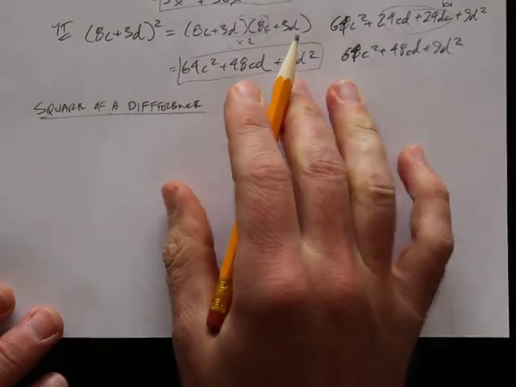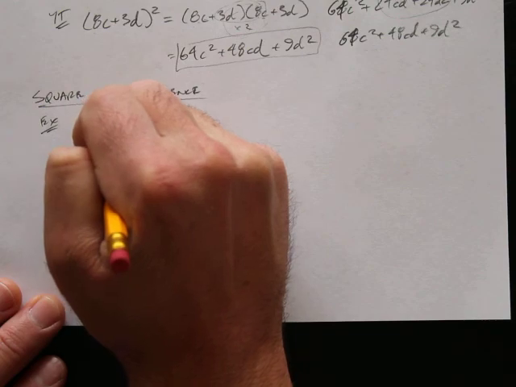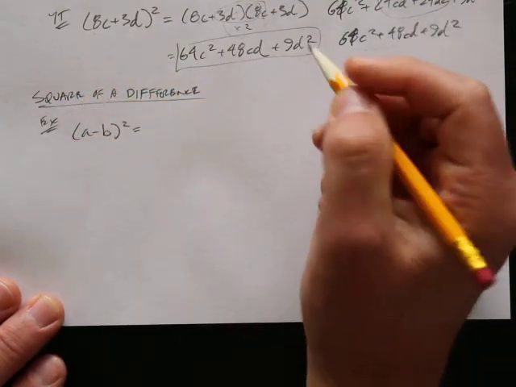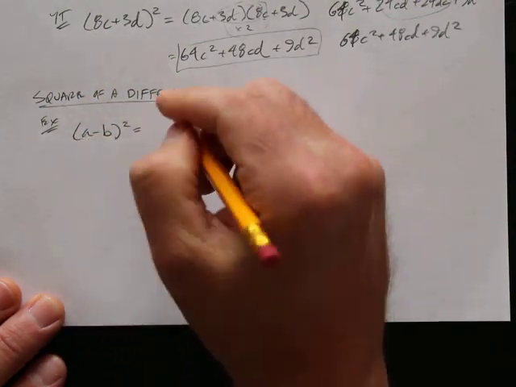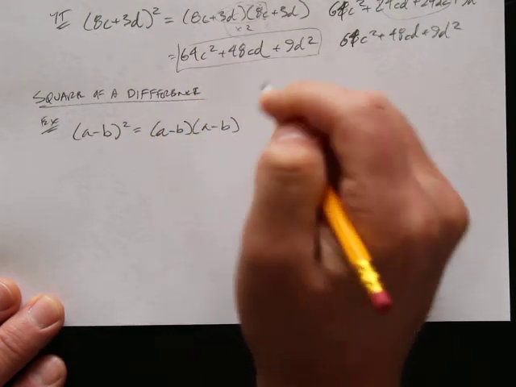So in this case, here's an example, a minus b squared. Remember, I can't just distribute that squared. I have to write a minus b times a minus b.